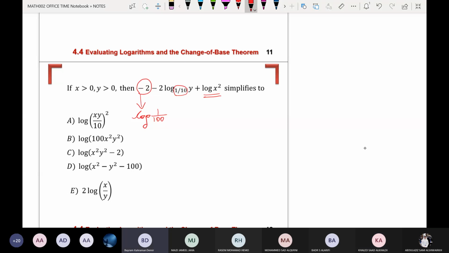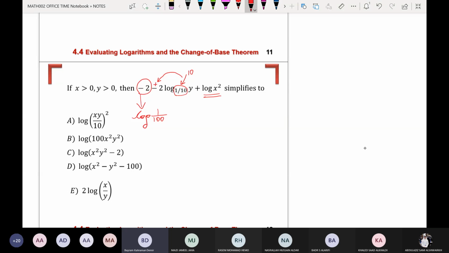And then, now remember the base technique. What happens if I change 1 over 10 with 10? Flip it and multiply it with 2. You need to bring it here and change it to positive, because you need to multiply by negative. So negative times negative will be positive.